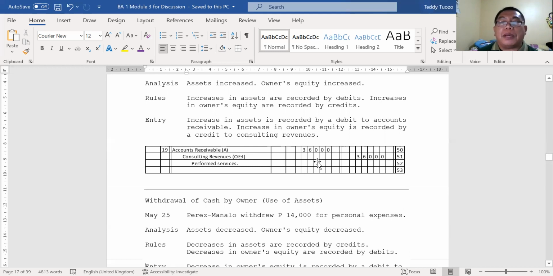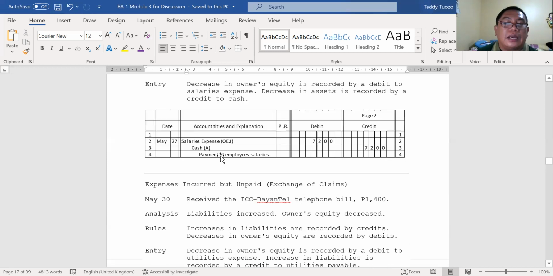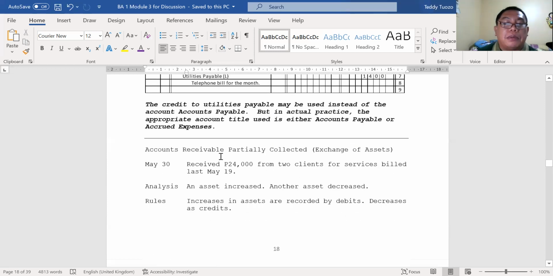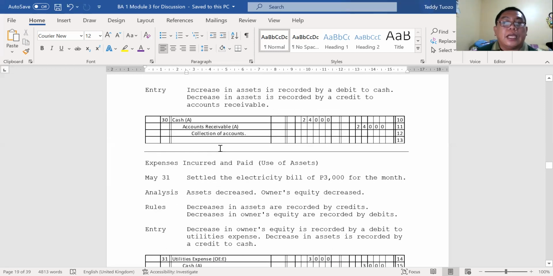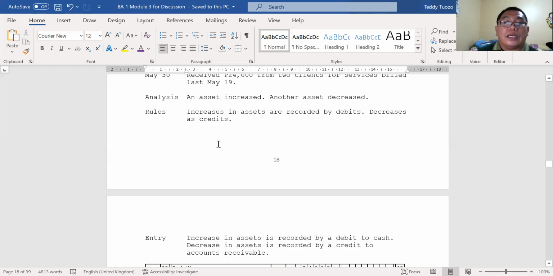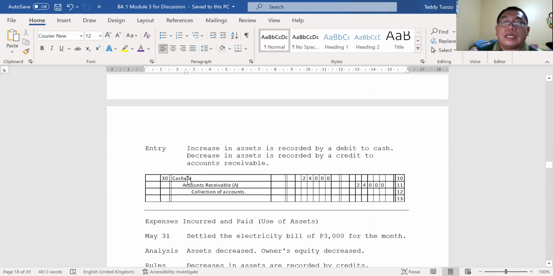The accounts receivable amount is 36,000. So accounts receivable should decrease since it was collected. So your credit here would be accounts receivable, and what you received, of course, is a form of cash. So your cash account here is increased, and your credit is accounts receivable. Remember that both are asset accounts.